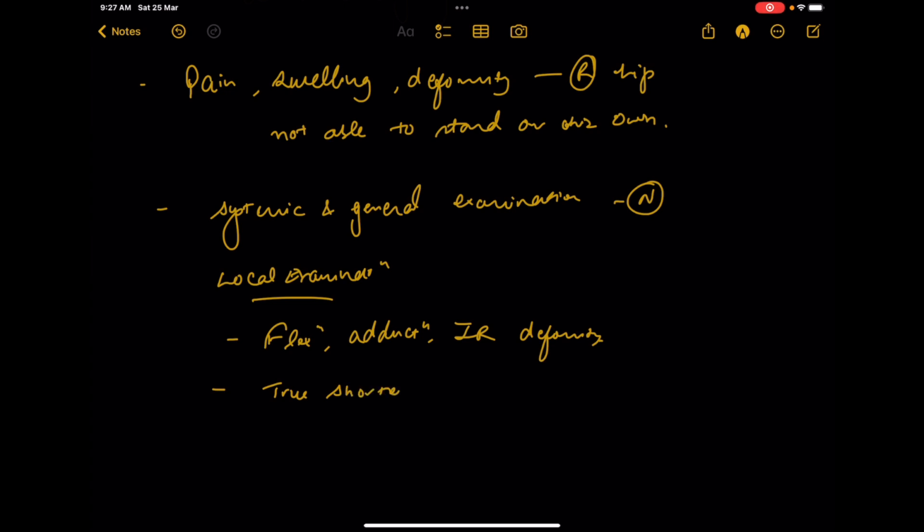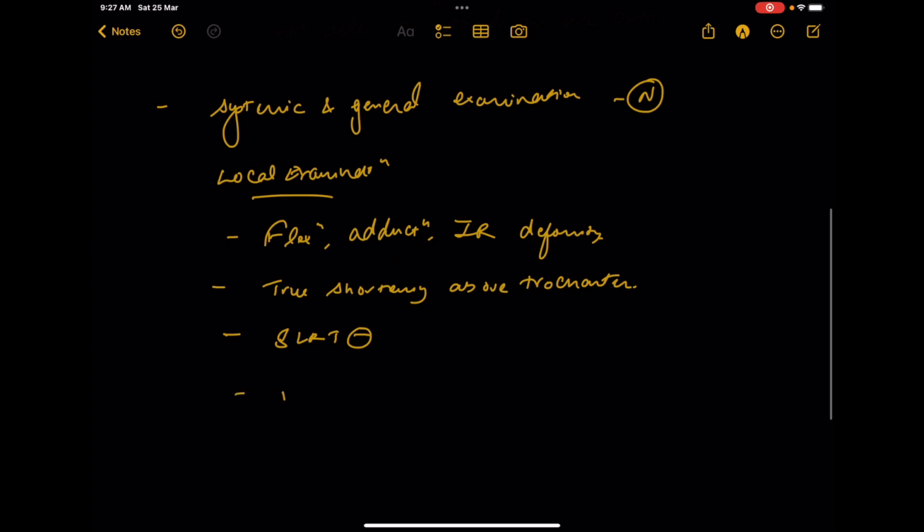Active straight leg raising was negative. Vascular sign of Narath was positive. There was no neurovascular deficit.